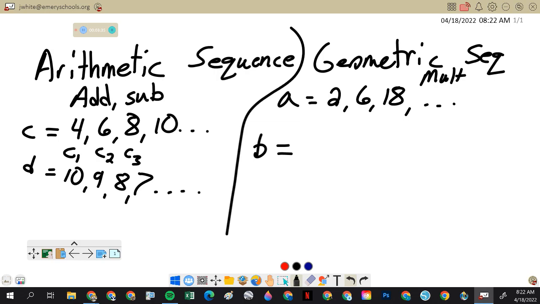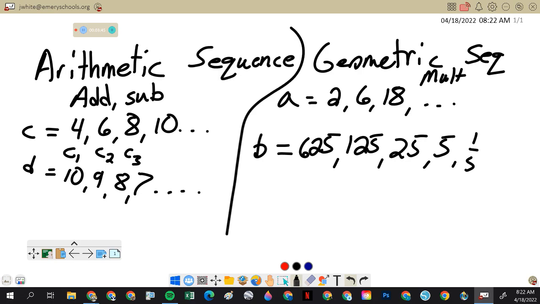So if I had something like 625, and then 125, and then 25, and then 5, and then 1, and 1/5, and so on. You might think the pattern here is divide by 5. And that is true.